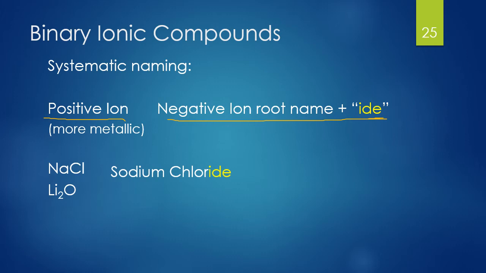Now notice there are 2 lithiums, but does this matter? Well, it matters in the sense that yes, there are 2 of them, but it doesn't matter for naming purposes. We're not going to be using prefixes, no di, tri, nothing like that. So instead, we just look at the symbol, in this case Li, realize it's lithium, and write that name down. The second element present, oxygen, will have an IDE ending and become oxide.